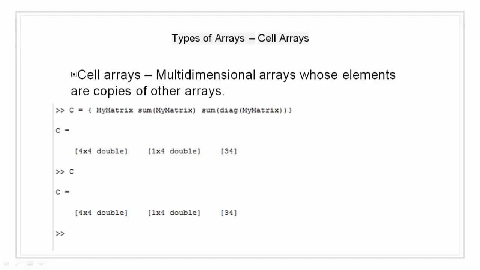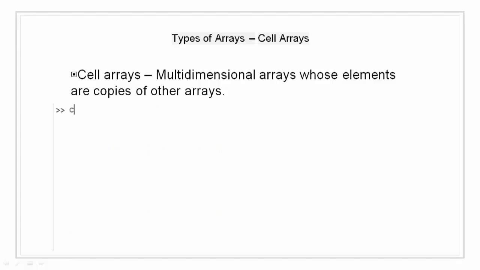Again, here are 2 important points to remember. First, to retrieve the contents of one of the cells, we use subscripts in curly braces. For example, C of 1 retrieves the matrix, C of 2 retrieves the row vector, that is the sum of the matrix, and C of 3 retrieves the sum of the diagonal of our matrix.